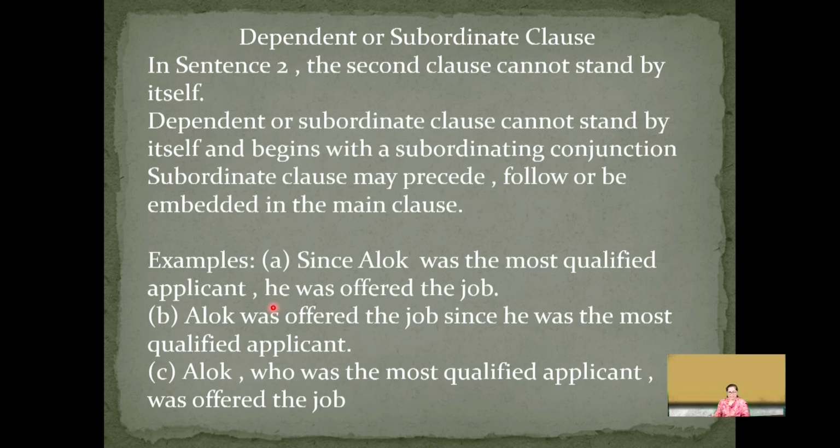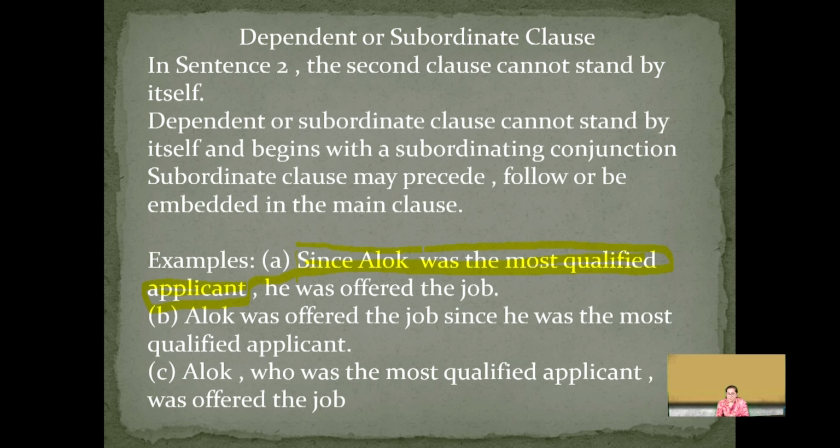Now, this part of the sentence, which is beginning with the conjunction "since," is going to be the subordinate clause. Please note, at times students get confused and they usually try to understand the two clauses, main clause and the subordinate clause, by their being in the first place and the second place, the first half or the latter half of the sentence.